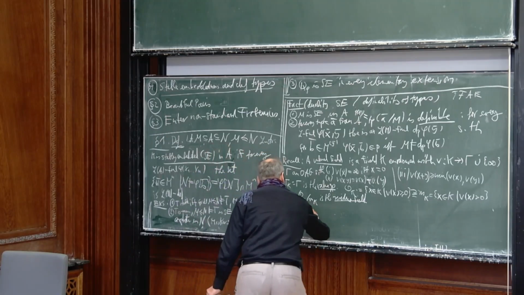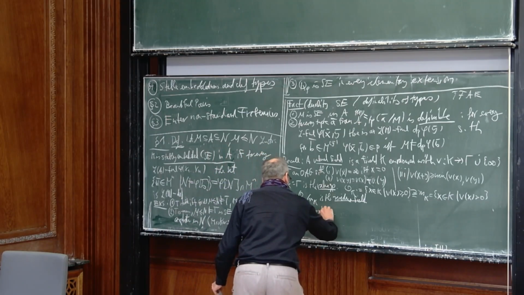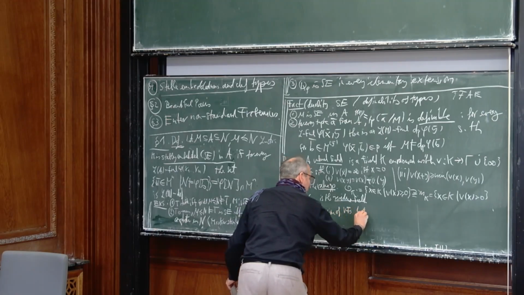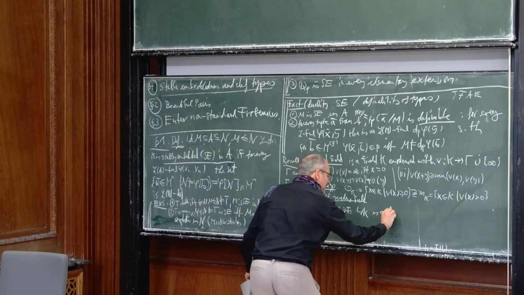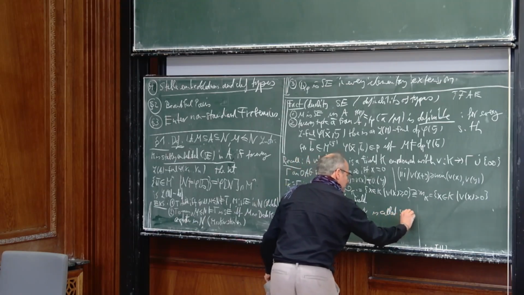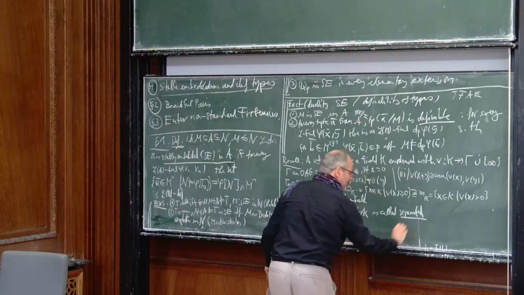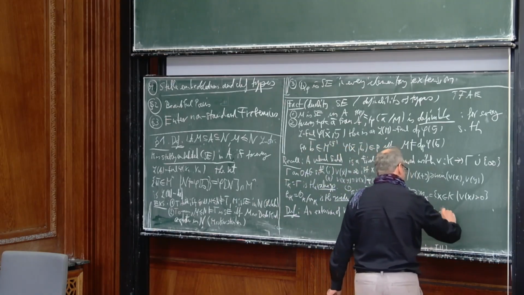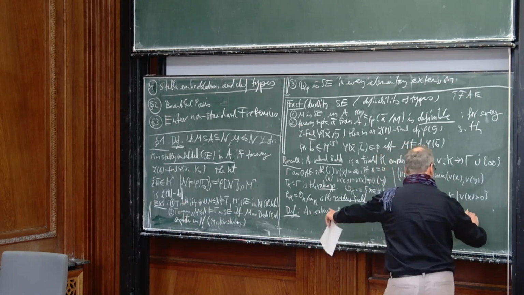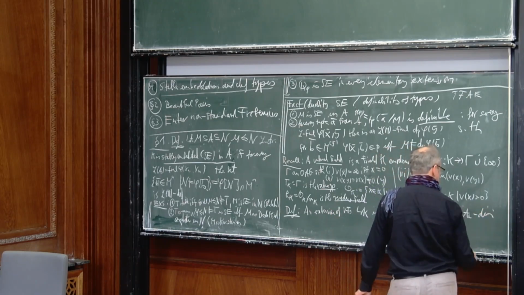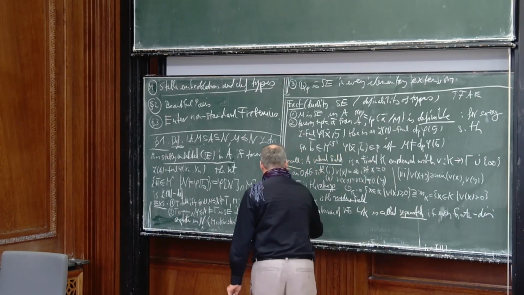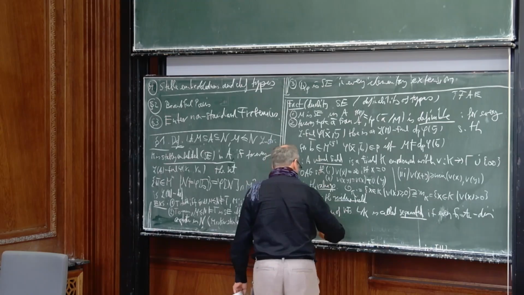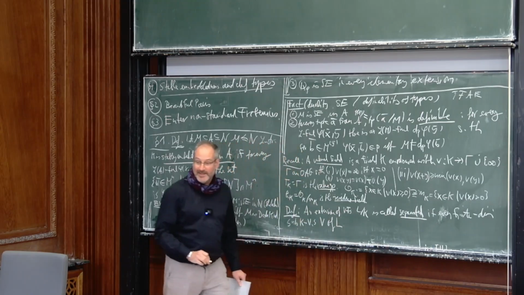So an extension of valued fields, say L over K, is called separated. This is a notion due to Baur. If every finite dimensional sub K-vector space V of L has a nice basis.